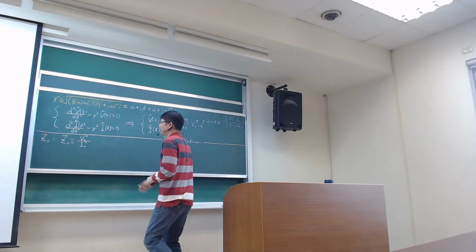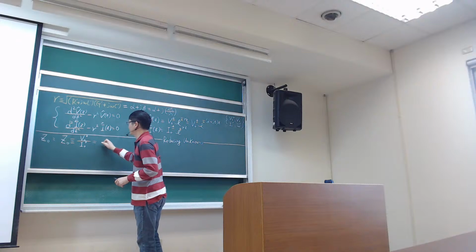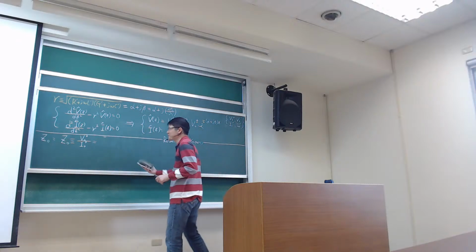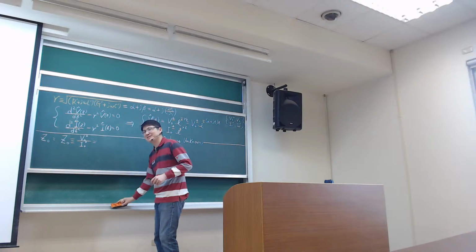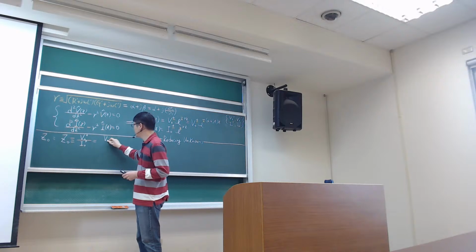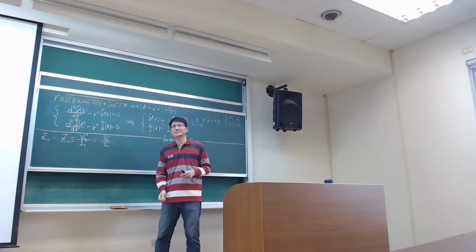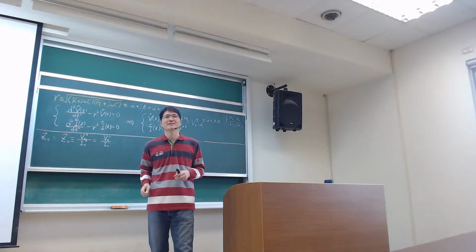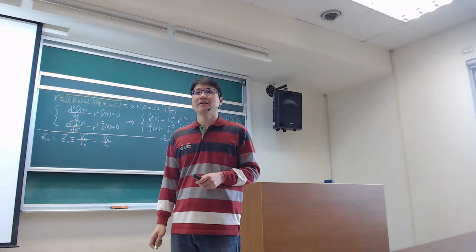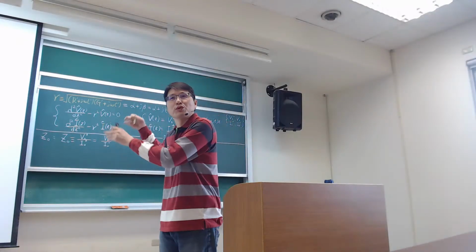Okay? Now, at this moment, you might also want to guess, is it possible that V0 minus divided by I0 minus is also equal to that? Take a guess. But can you see what I'm trying to do?